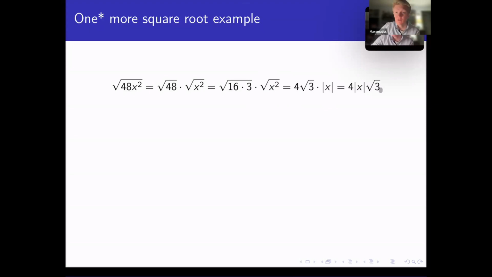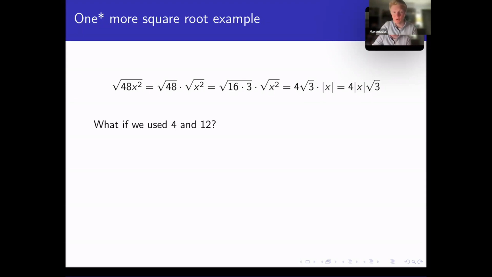In general, try not to write things to the right of the square root if it is not inside a square root. So notice here, square root of x squared became absolute value of x, not underneath a square root. If it doesn't have a square root, write it to the left so that you're not accidentally putting it over a square root.